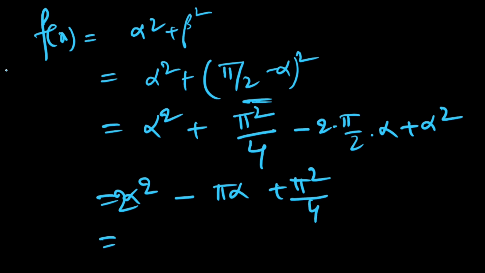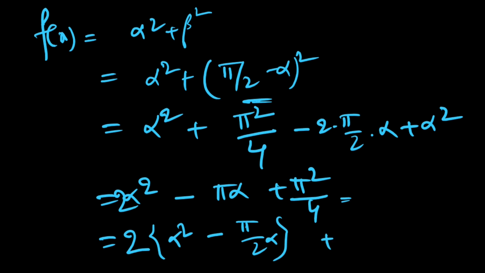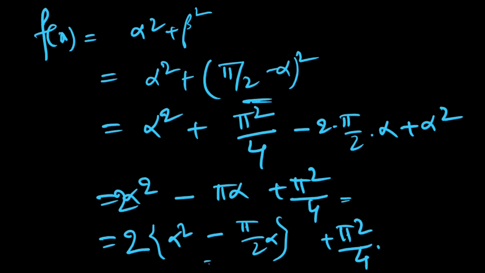Now we write this term as a more beautiful expression. We first take 2 common: alpha square minus pi by 2 alpha, and the last term stays as usual. Therefore, inside the 2 times bracket, we want to write something as a square term.